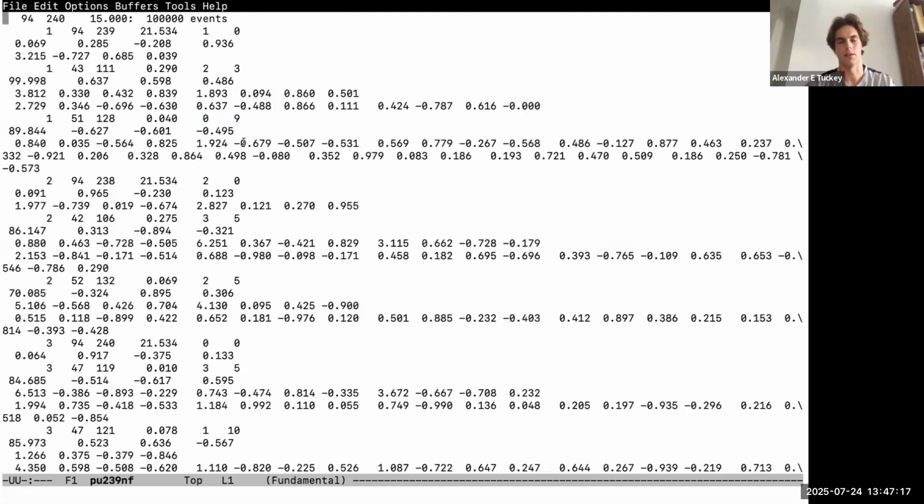And unfortunately, FREYA doesn't come with its own parsing script. So you'll have to write your own. I guess I'll give that to you all as homework. And I've actually found that the parsing time, at least my parsing script, takes much longer than the event generation time.